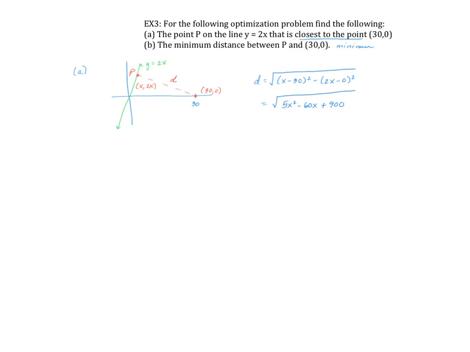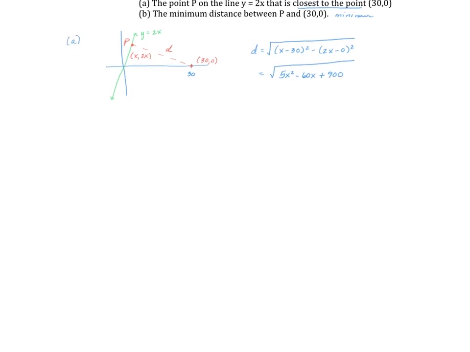All right, this is my objective function, and I really don't want to take the derivative here because of the square root. So logically, if I square both sides and look at just 5x squared minus 60x plus 900, if I find the critical points for that function, they should be the same as if the square root was there.